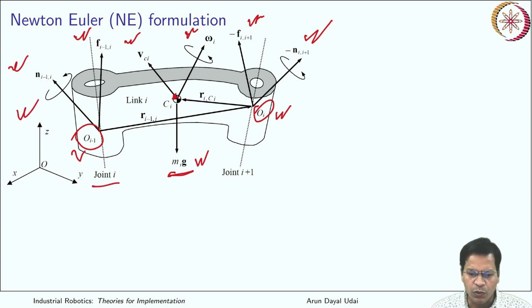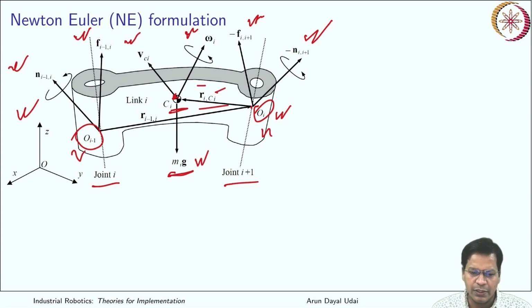Then joint i plus 1. There are additional parameters which are put here. With respect to O_i, that is the link attached frame, there are two vectors to be noted. One of them is the mass center location with respect to the link's own frame, that is given by r_i,c_i.